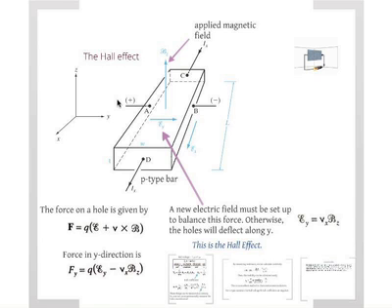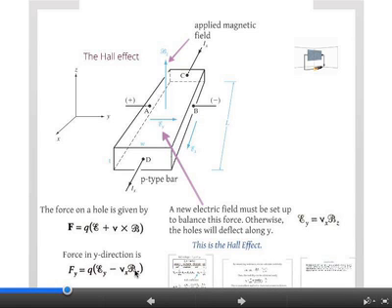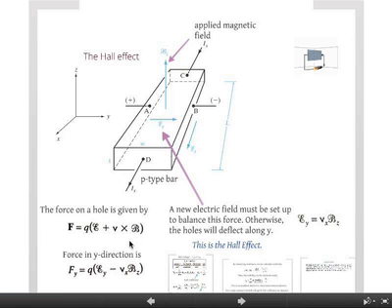So we know from here how the field is related to the velocity of the hole. So Ey is Vx times Bz. That just comes from setting this force to be 0 in steady state.